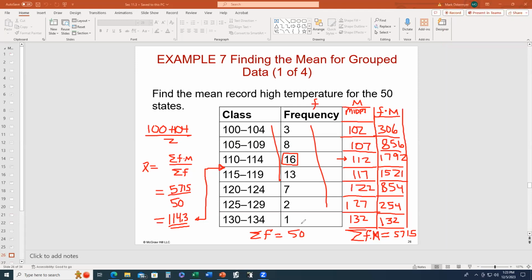The 130 to 134 class. This class has the least weight, the least say-so in forming the mean. So this 132 does not have much input whatsoever in shaping the 114.3. It has the least weight.